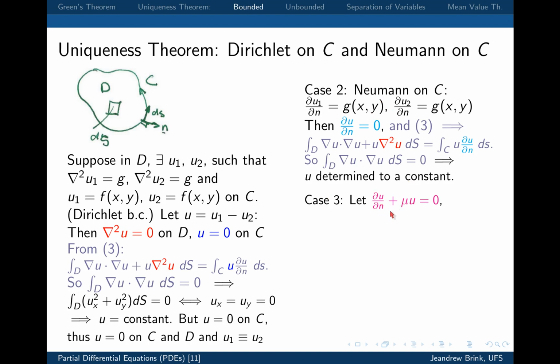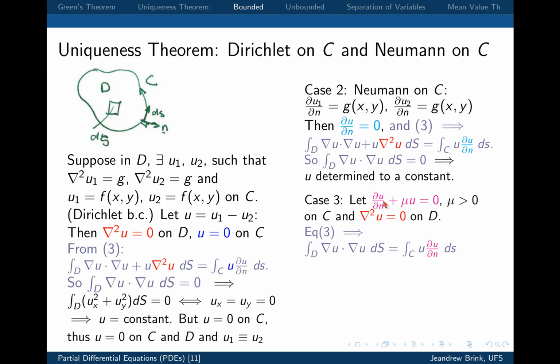And for this case as well, you can now go ahead and work out the uniqueness theorem for that one, and it goes very similarly. So for the uniqueness theorem, you once again have identity 3, which implies this thing is equal to this boundary term. But we now know that none of these independently vanish because we know that they obey that equation.